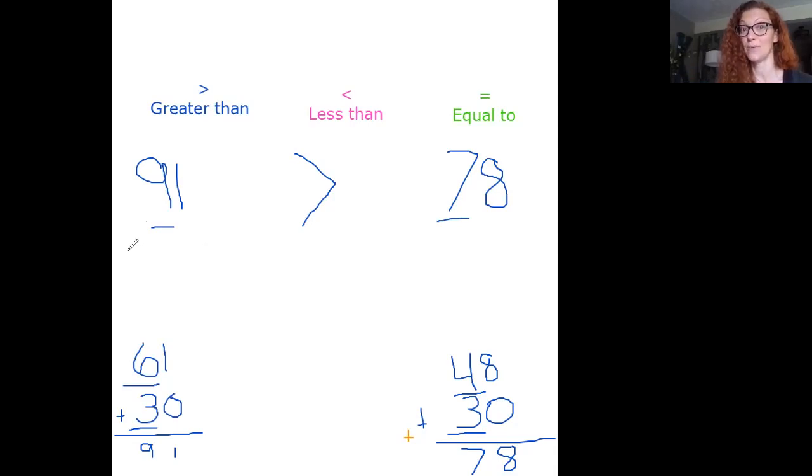So do you know how to read it? All right, challenge accepted. Let's go. Ready? 91 is greater than 78. Nice job, because we get to the bigger part first. So it's greater than. 91 is greater than 78.